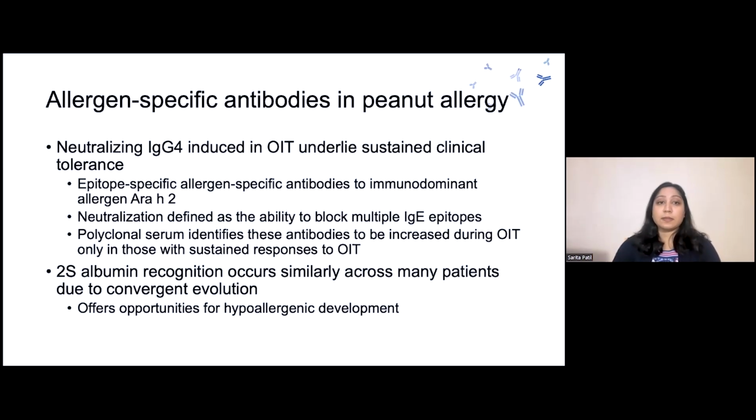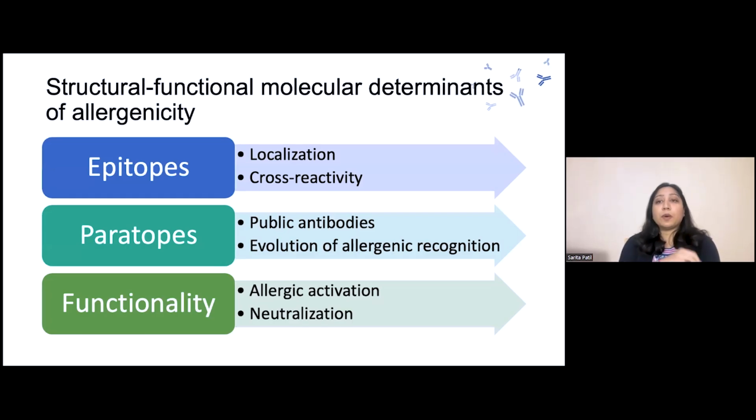And so I think breaking down this concept of allergenicity into the molecular determinants of the connection between the structure and the function of allergens and antibodies and how they interact gives us really critical insights into multiple aspects of how allergenicity might operate in patients. The localization of epitopes not only can identify how epitopes overlap and how relevant that overlap might be for clinical efficacy, but also gives us insights into cross-reactivity and predicting future allergenicity.